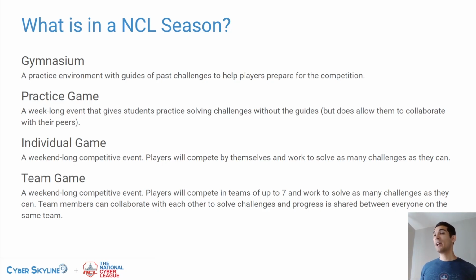We've also seen schools do a big mix where they have some more senior players within their team as well as some more junior players so that they have an ability for the more experienced students to teach the more junior students. You can set it up however you want. It's all up to you. And again, you have a limited number of teams per school, and there's no minimum.